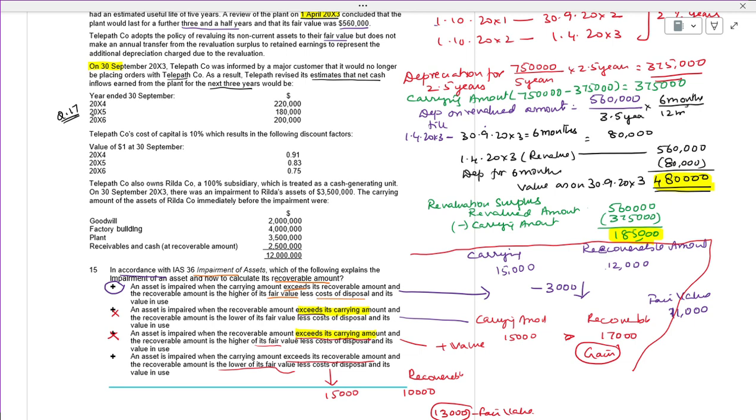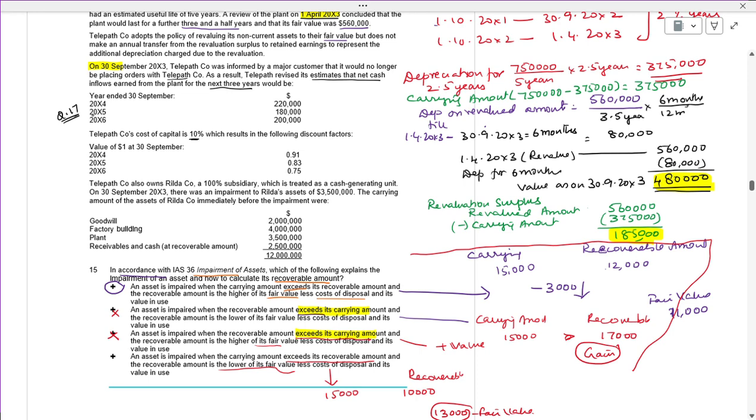They have mentioned the net cash flows for the coming 3 years: 220, 180 and 200, at the rate of 10%.